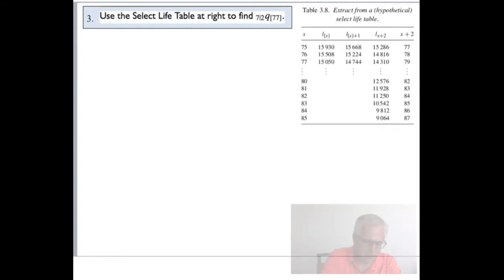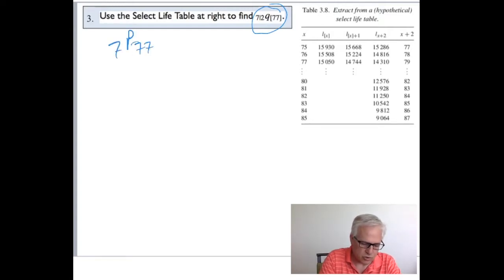The next question, for question 3, we're going to do exactly the same question, except now we have a select life, a life that's been selected at age 77. So as you might imagine, the work's very similar. We want 7p77, but now it's a select life, and we want that times, it's only a 2-year select period we can see here. So once we get up to age 84, it doesn't matter, it's going to be the exact same quantity as before.